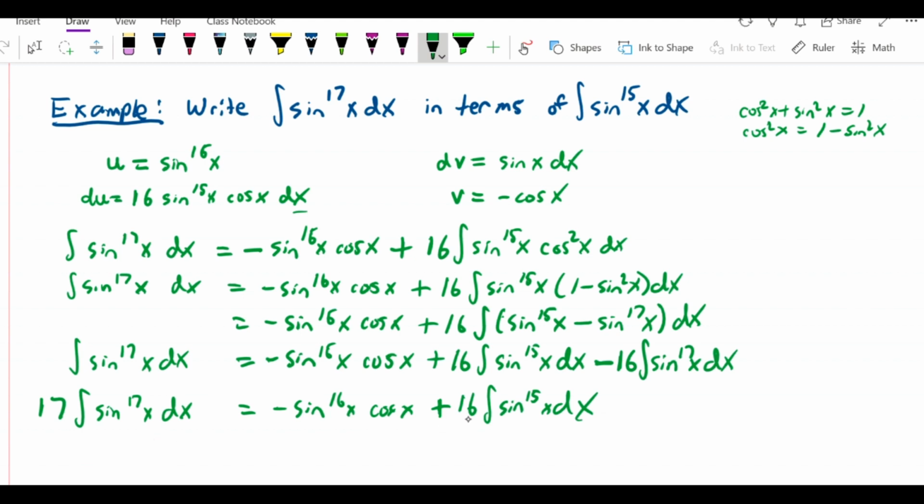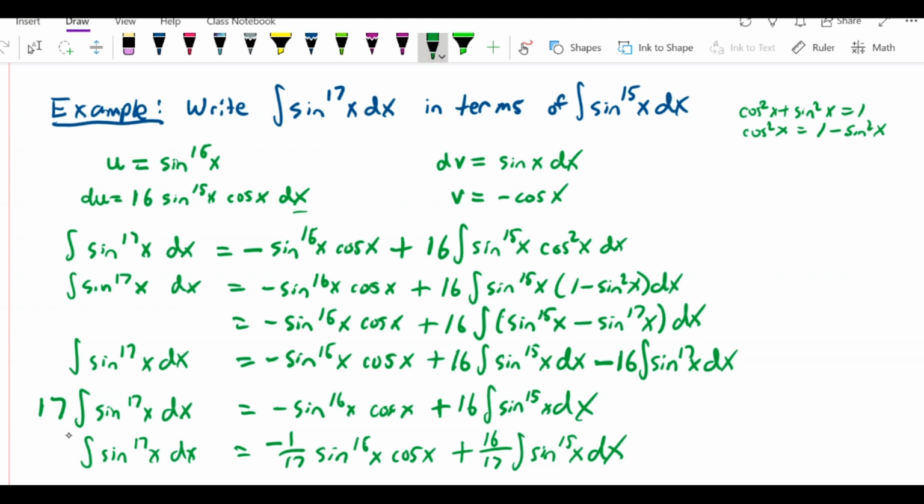All we have to do is divide both sides of the equation by 17, giving us the integral of sine to the 17th x dx is equal to negative 1 over 17 sine to the 16th x cosine x plus 16 over 17 integral of sine to the 15th x dx. And that is the answer.